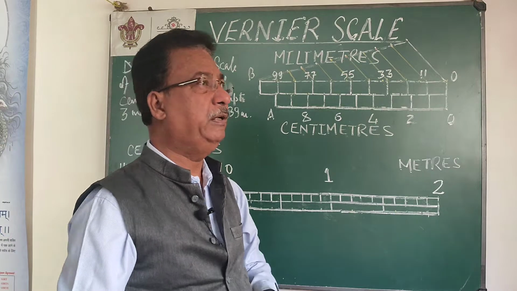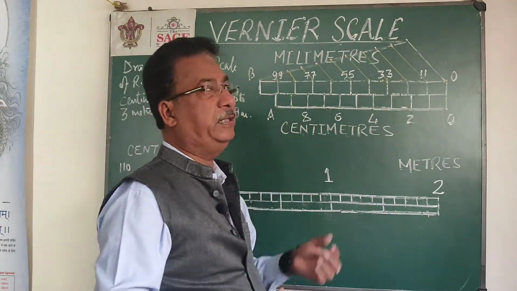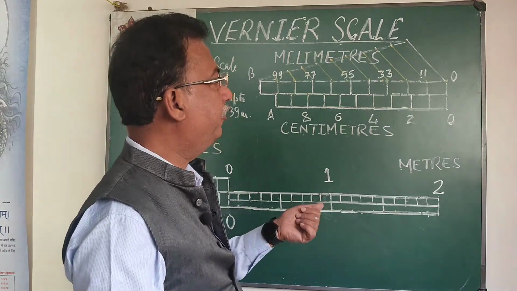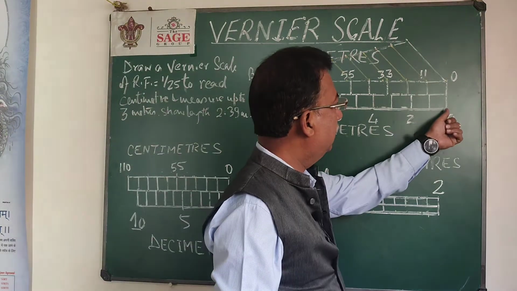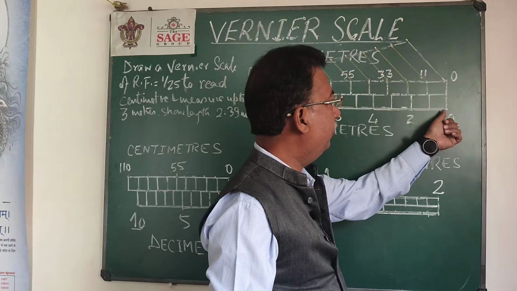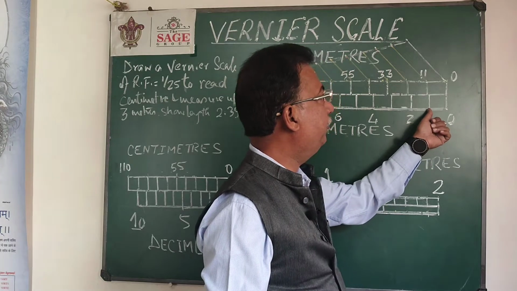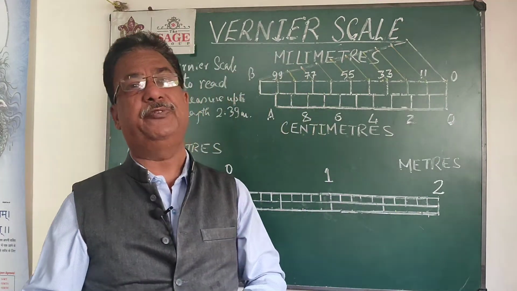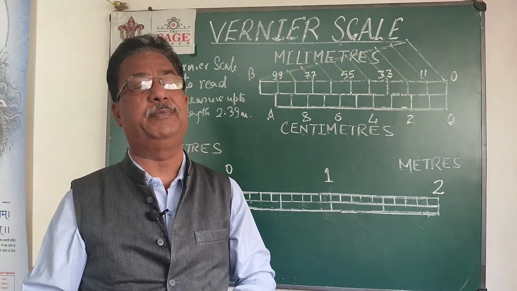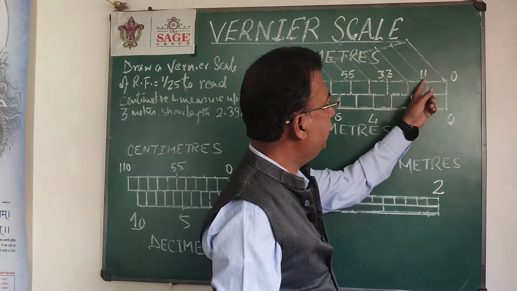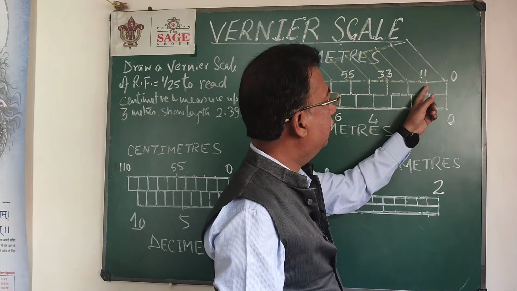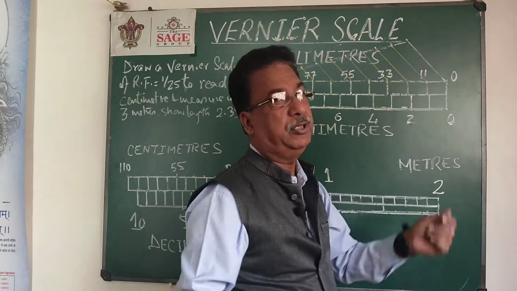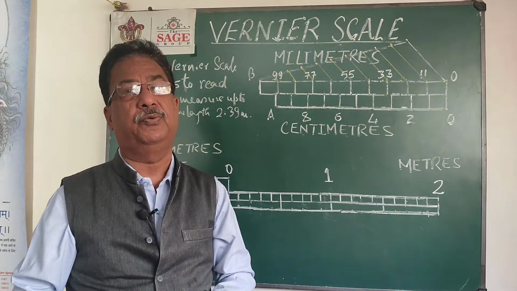In this way, without dividing the first part into 10 parts, by generating a vernier scale we can get the next fraction. Now look at this. In the primary scale, from 0 to 1 is 1 centimeter. Above that, from 0 to 1 is 1.1 centimeter, or 11 mm. So the difference between the first part of the vernier and the primary will be 1 mm.